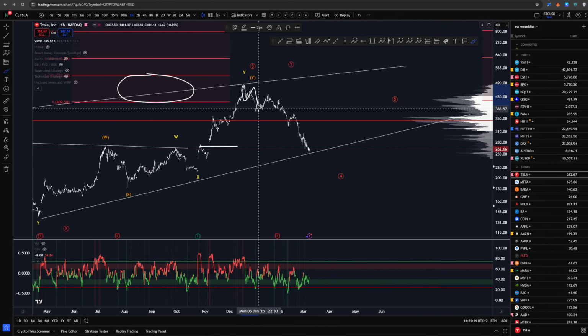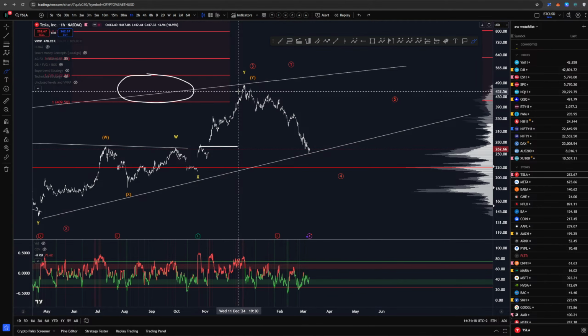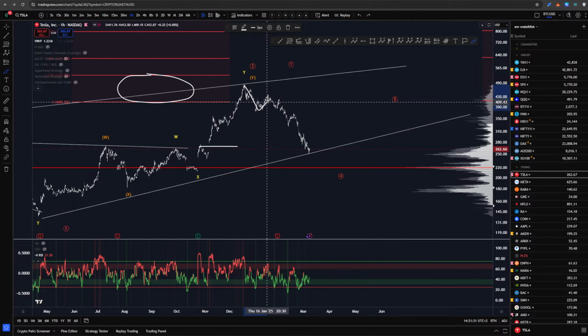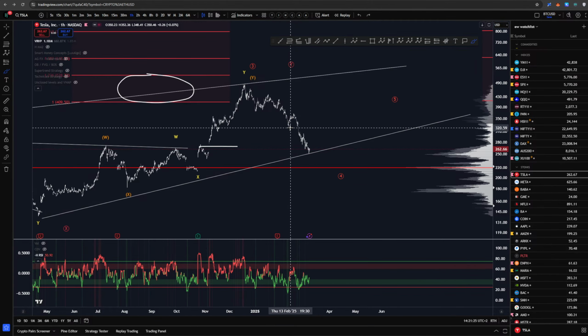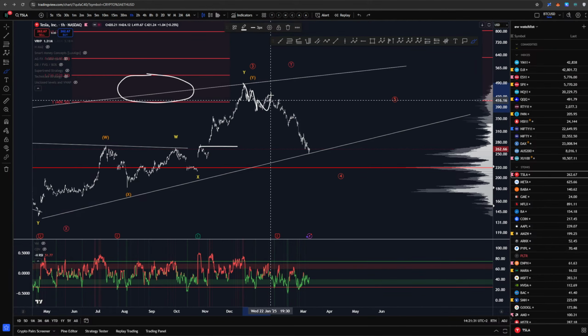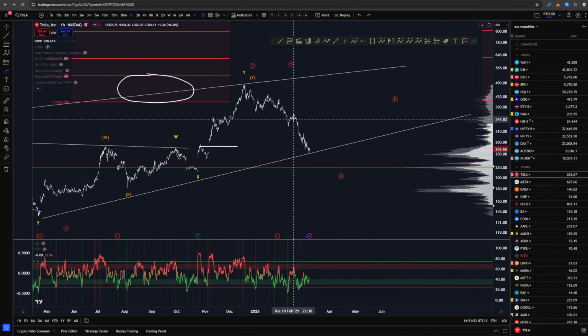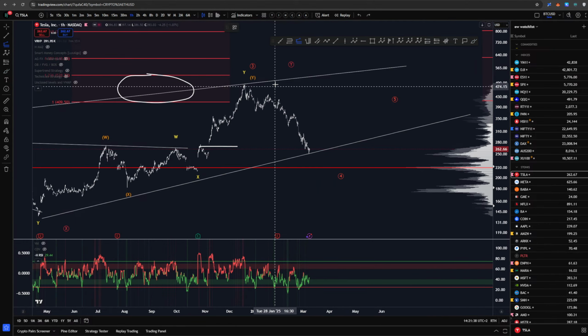Here we have a 3-wave structure that is coming down, but the rest of the structure is just horrible looking. So I think this is some kind of a 1-2 instead, and this whole pivot is some kind of 3. Based on how it's coming down, it could be a WXY where we have a 3, 3, 3 into this point, and this would be the midpoint where we are creating a structure like this.